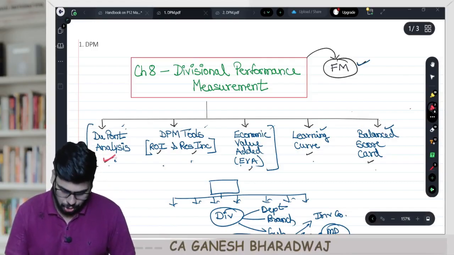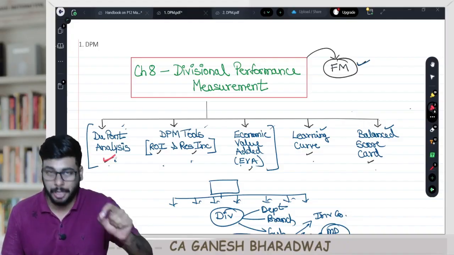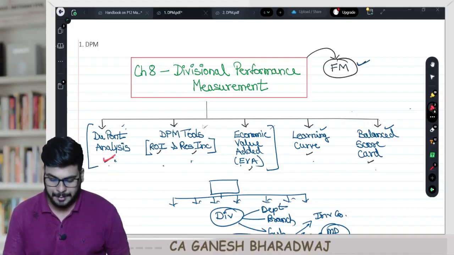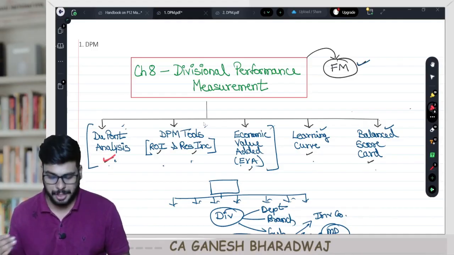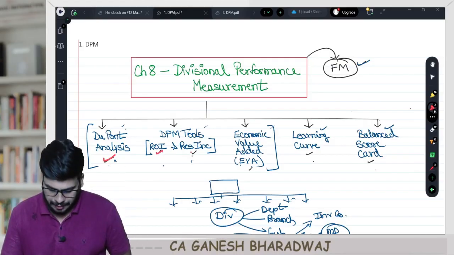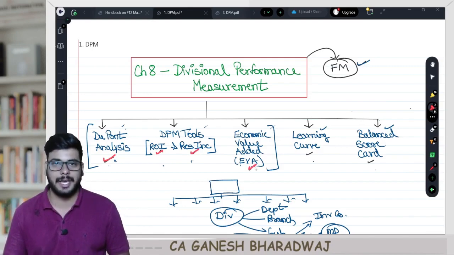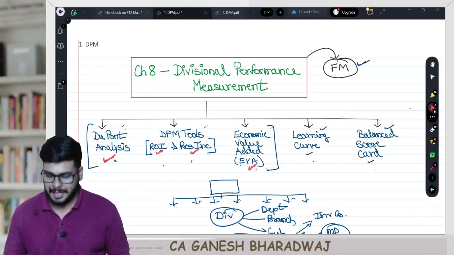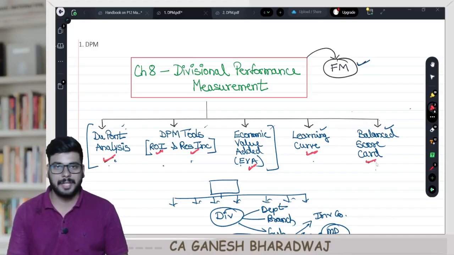First, you have something called Dupont analysis. Then you have DPM tools, that is divisional performance measurement tools, which is 2 tools broadly mentioned here: ROI, return on investment, and residual income. Then you have EVA, which is economic value added. Then you have learning curve, and you have balanced scorecard, right?